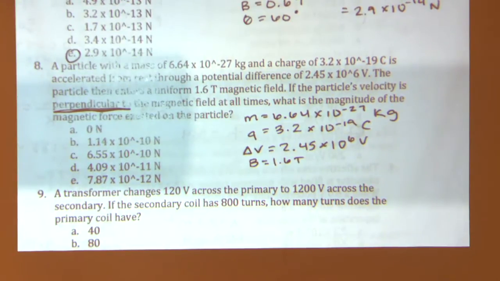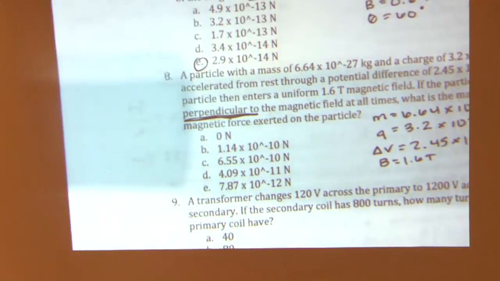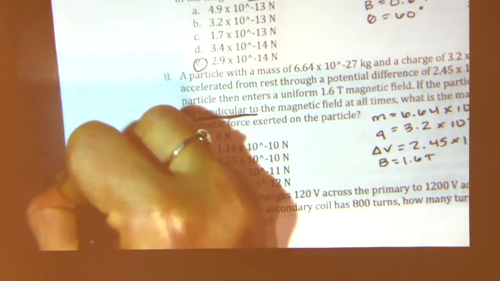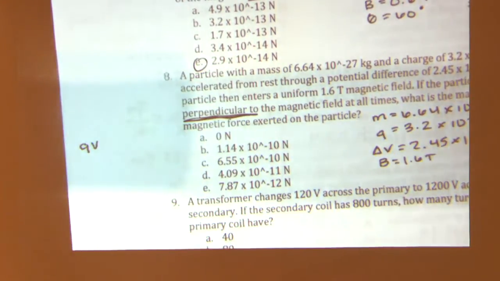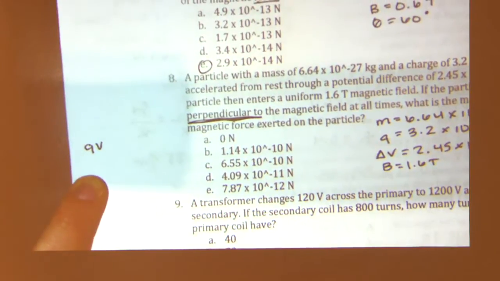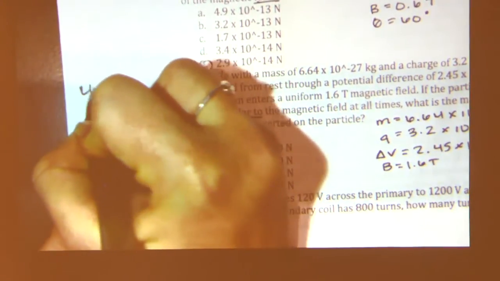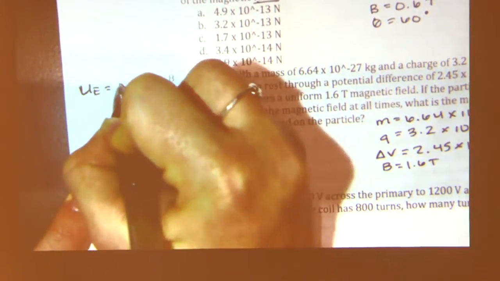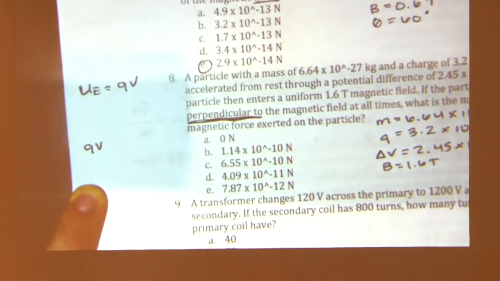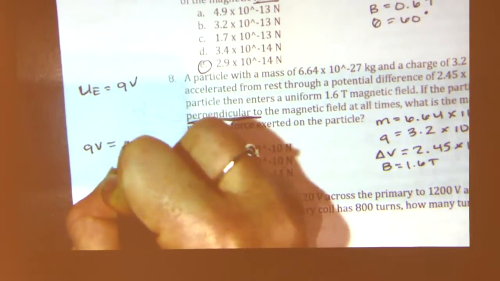So this one is a little different because we're given a velocity and a potential difference. I'm just going to move this kind of over here. We want to set our electric potential energy, which is our equation QV, so some professors write it like this: UE is equal to Q times V, our electric potential energy, is going to be equal to our kinetic energy, right? Because law of conservation of energy.